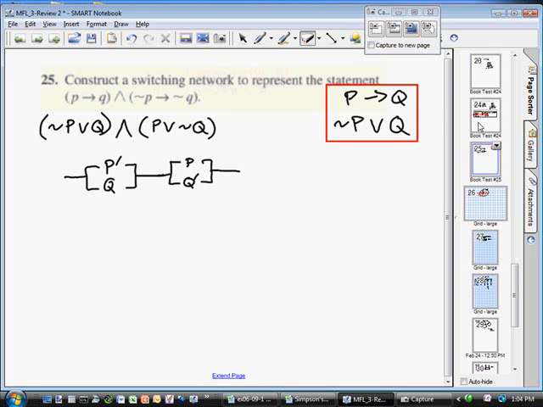This is an OR, which is a stack. So I put a not P stacked with a Q. This is also an OR, so that's another little stack. And because these two are ANDed, the two stacks have to be side by side. Put a beginning and an ending on it, and you've got your logical circuits.